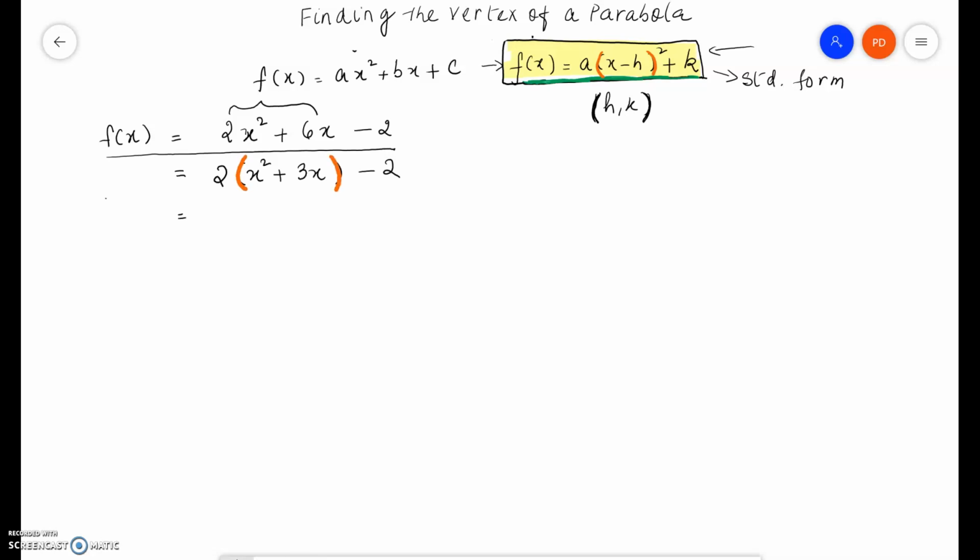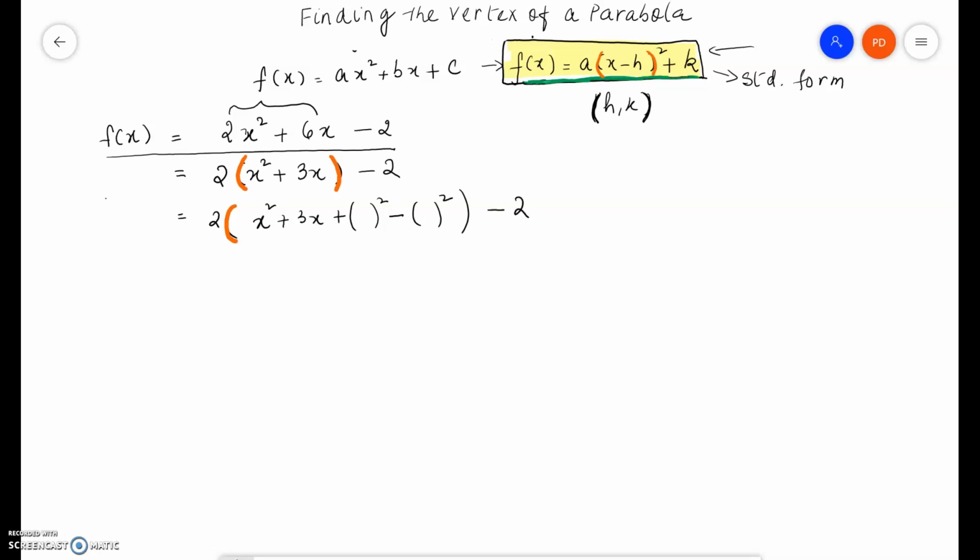So we have 2 times x squared plus 3x, and in order to complete squares we need to fill this blank with a number that'll help us complete the square. So we need to add that number and subtract that number in order to complete squares.